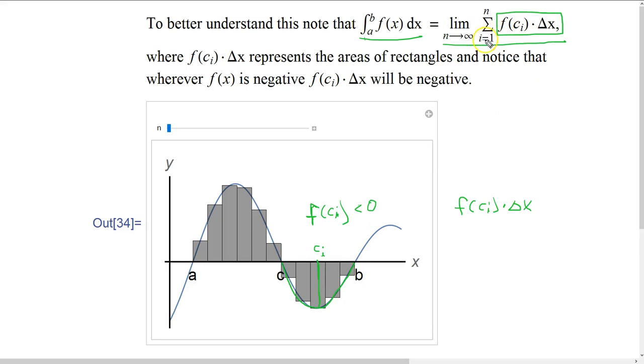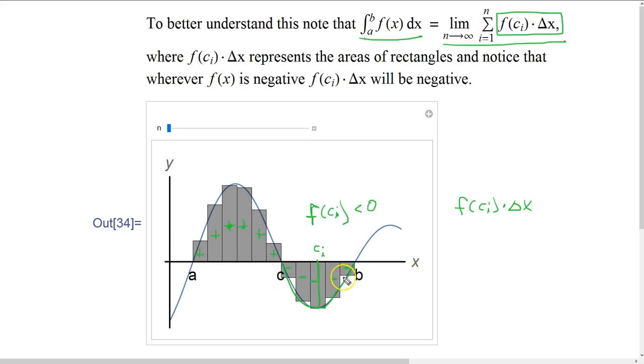So you see, in this summation up here, wherever our function is negative, the areas of these rectangles are actually negative areas, and we're adding them up. Where our function is positive, these areas are going to be positive. I'll indicate that with little pluses here. So those areas are positive. But over here, all of our areas are negative.